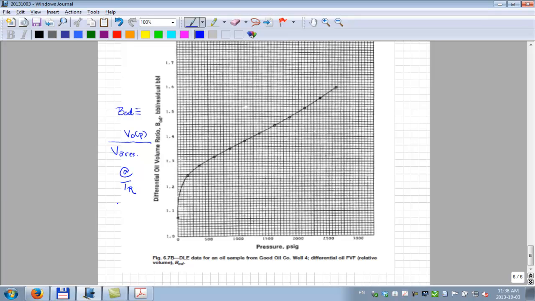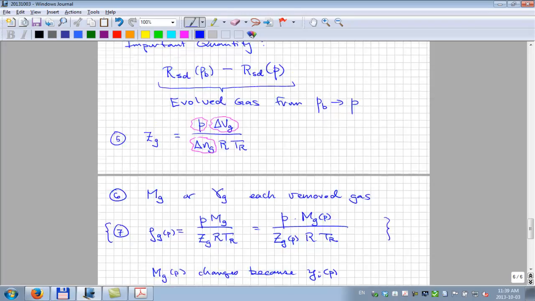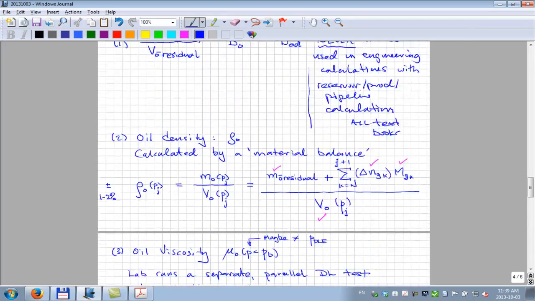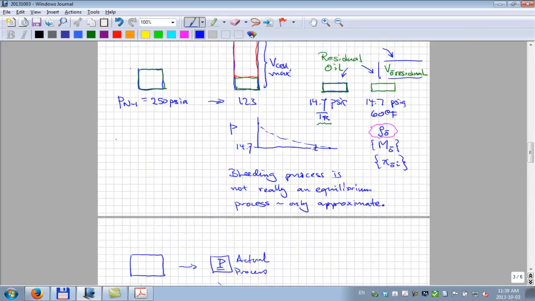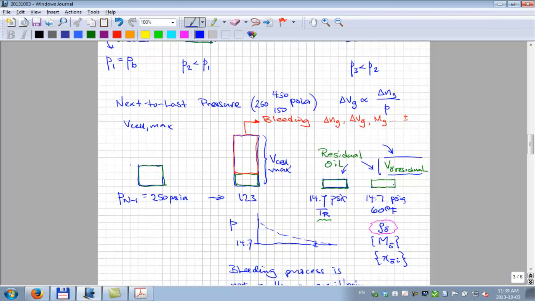At reservoir temperature, including this last one. But this is at standard temperature. Remember that was shown up here. This oil volume residual is at 60 Fahrenheit.